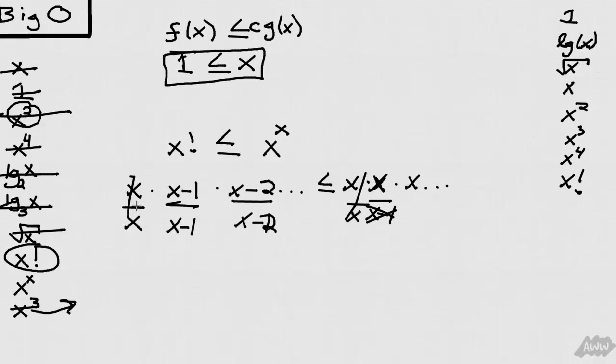If all of these are equal to 1, 1 times 1 times 1, etc., is just 1. And we want to know if that's less than or equal to some value that's 1 times something greater than 1 times something greater than 1. What we do know from this is that this side will be at least 1. So we want to know, is 1 less than or equal to 1 or some value greater than 1? And that's true. So x factorial is less than x to the x. X factorial is big O of x to the x.